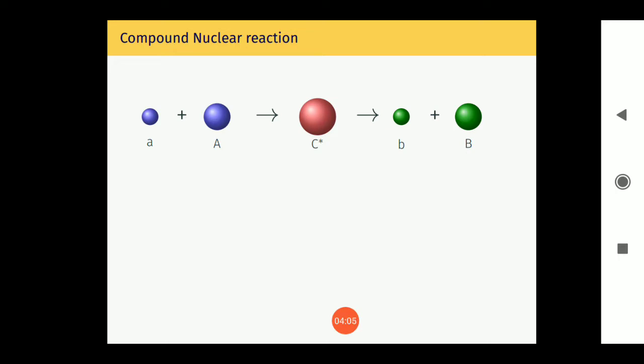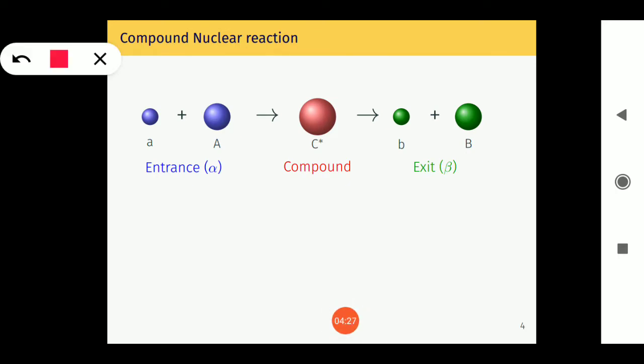So combiningly, the two particles a plus A used to form the compound nucleus is called the formation process, and the products b plus B are called the reaction products. They are also called the entrance channel and exit channel via the formation of the compound nucleus.